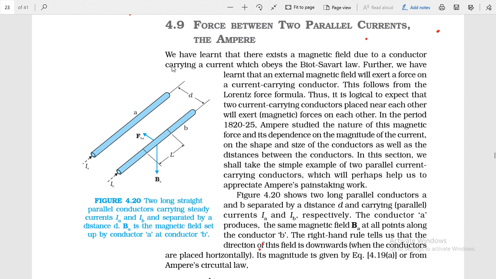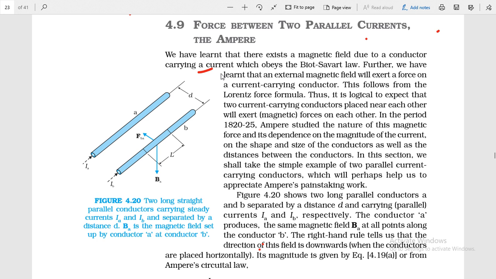So you can see here, we have learned that there exists a magnetic field due to a conductor carrying current. So we know that if there is a current carrying conductor then there must be a magnetic field around this conductor which obeys Biot-Savart's law. It means by using Biot-Savart's law we can find out the magnitude of the magnetic field produced by the current carrying conductor.